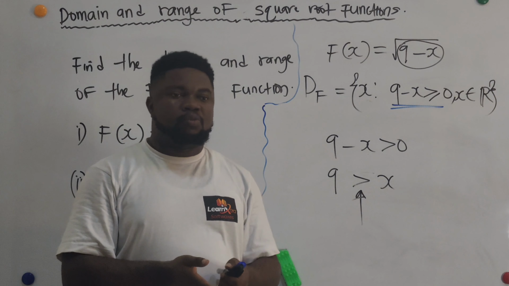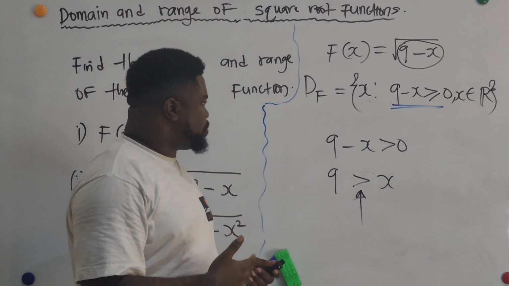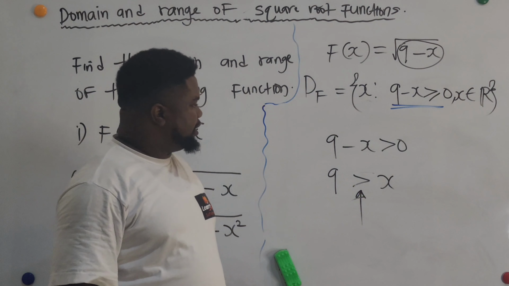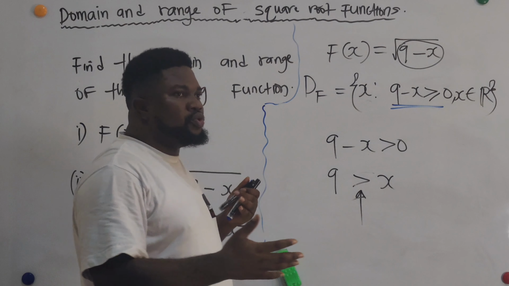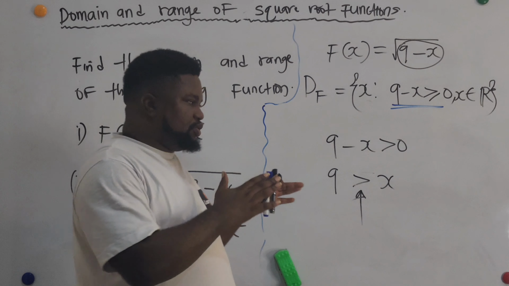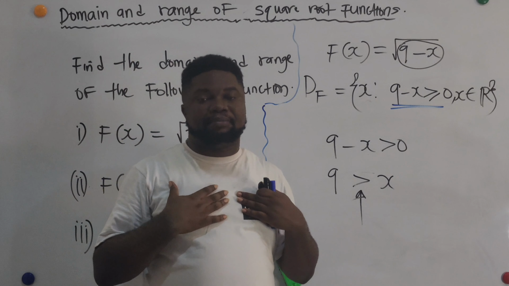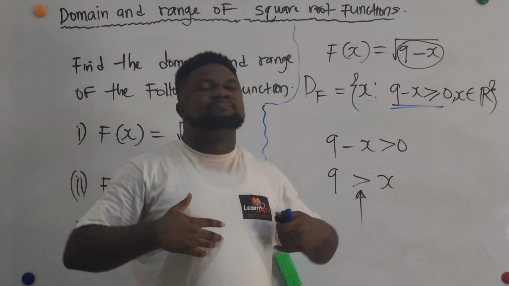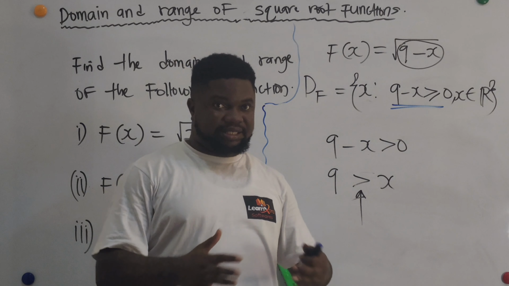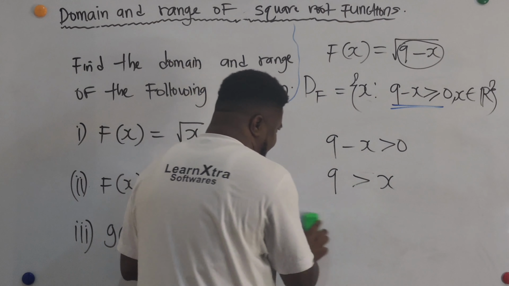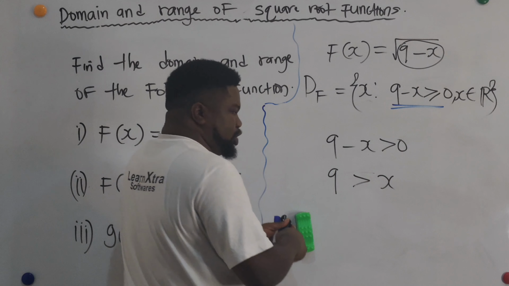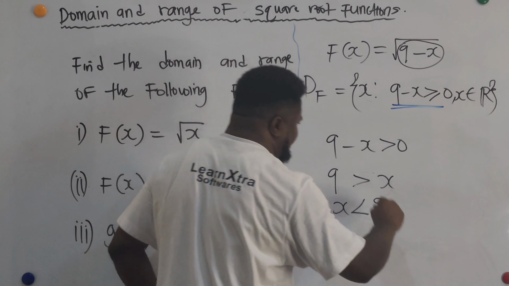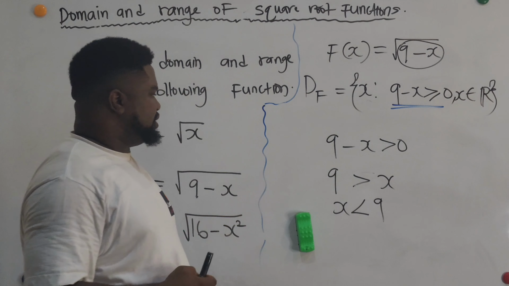When you divide or multiply by a negative number, that's when the symbol will be reversed. Or watch this now. If I am taller than you, that means you are shorter than me. If I am bigger than you, you are smaller than me. So if 9 is bigger than x, automatically we can say that x is less than 9.